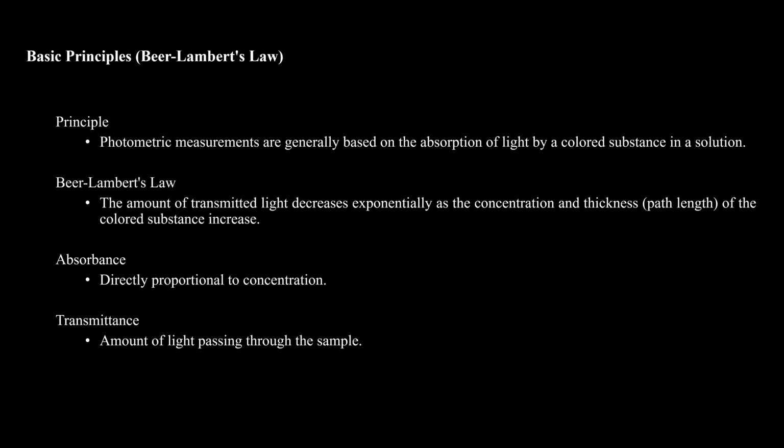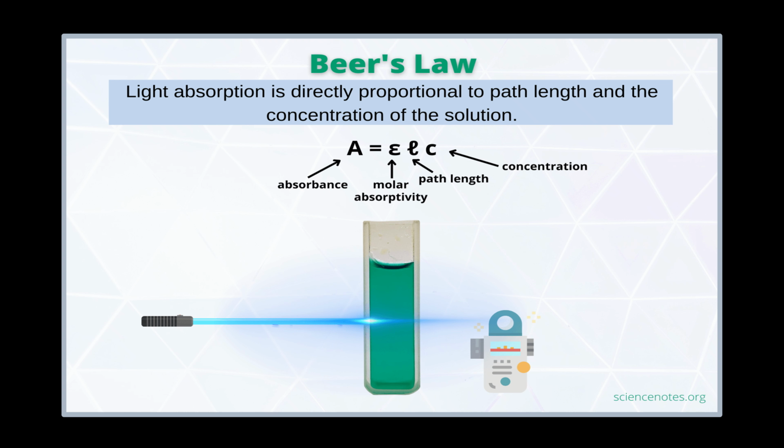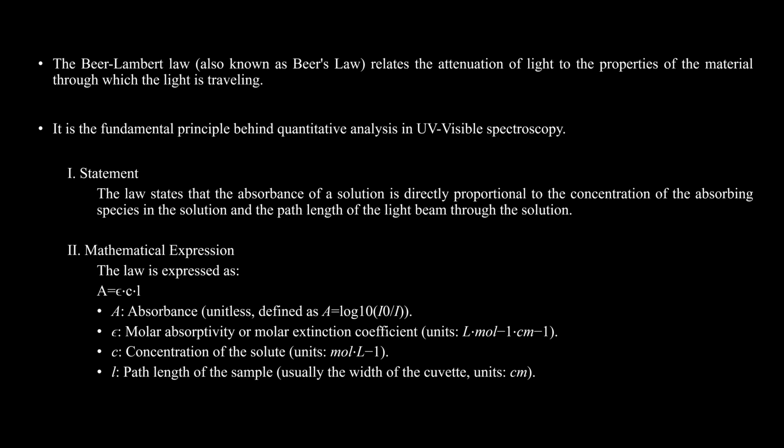Beer-Lambert law: light absorption is directly proportional to the path length and the concentration of the solution. Absorbance depends on molar absorptivity, path length and concentration. The law can also relate the attenuation of light to the properties of the material it travels through.